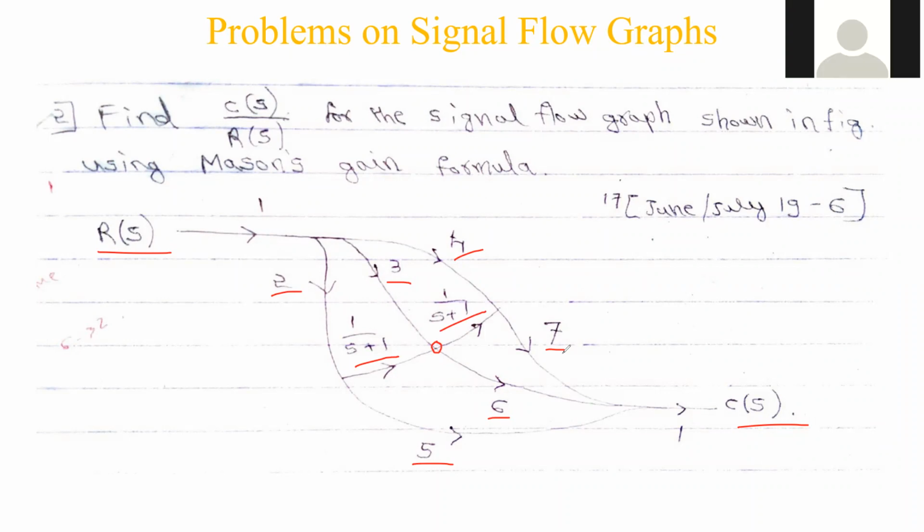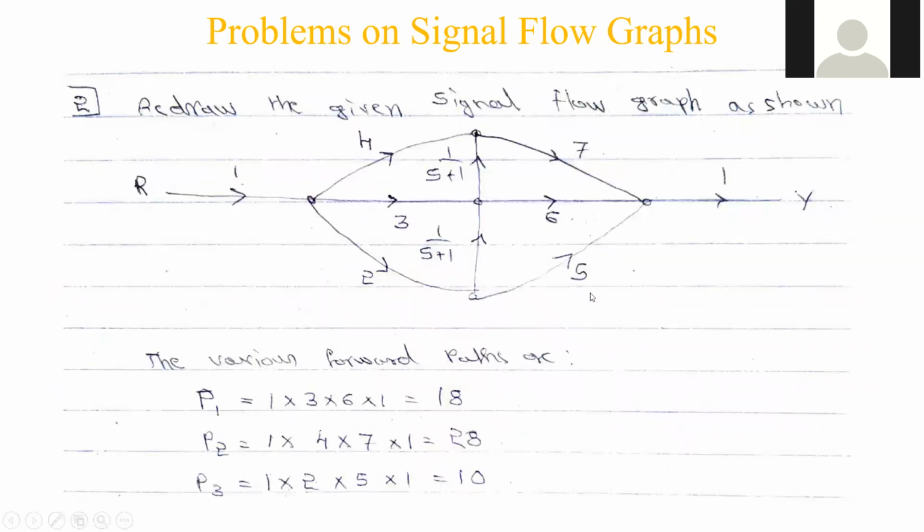How many loops are there here? 0. No loops exist here, right? So no loops. Fine. So there are 6 paths, and we'll see if the answer is correct or not.